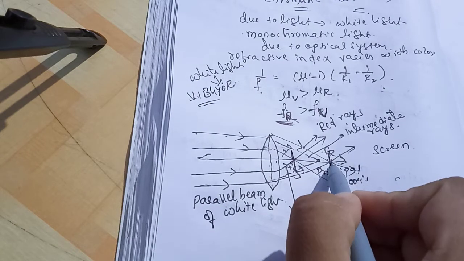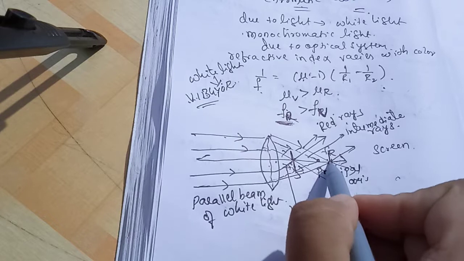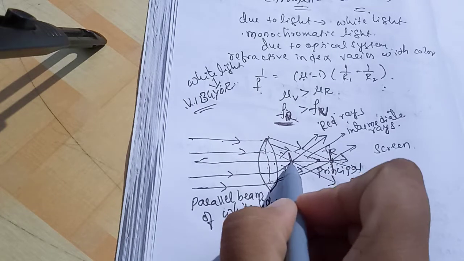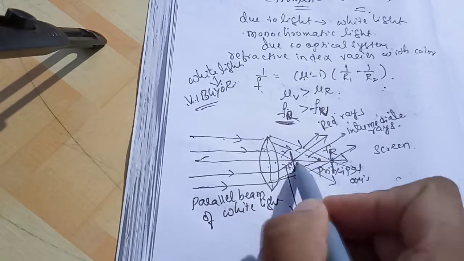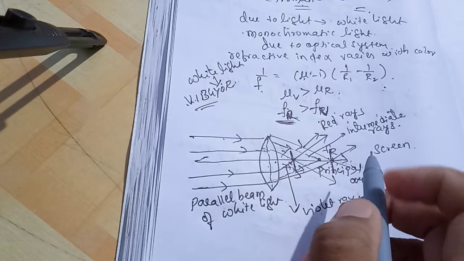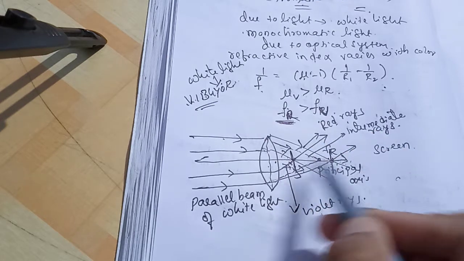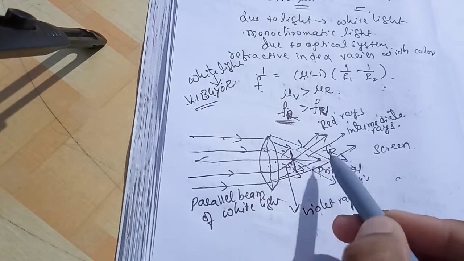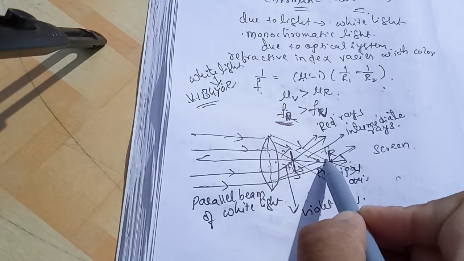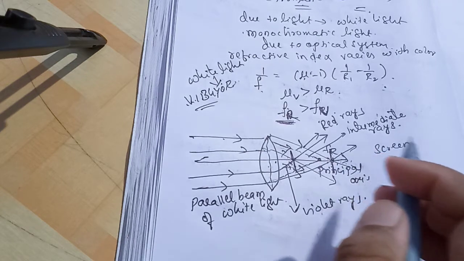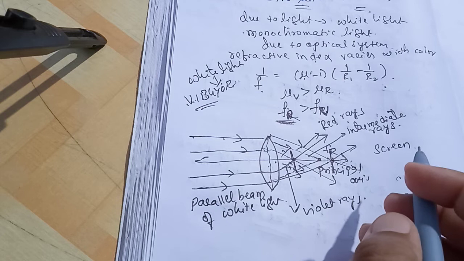You got an image in either red color or violet color with other colors. So if we move the screen in between FV and FR, the image will be blurred because the image is not perfect anywhere.